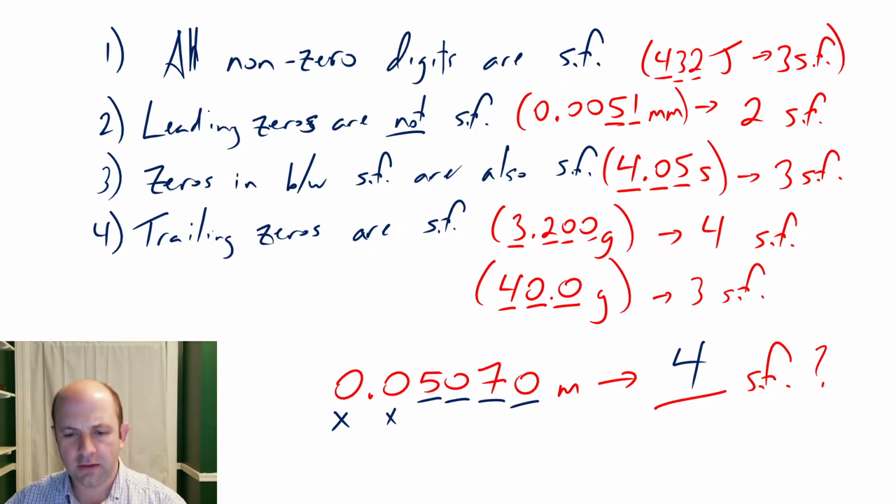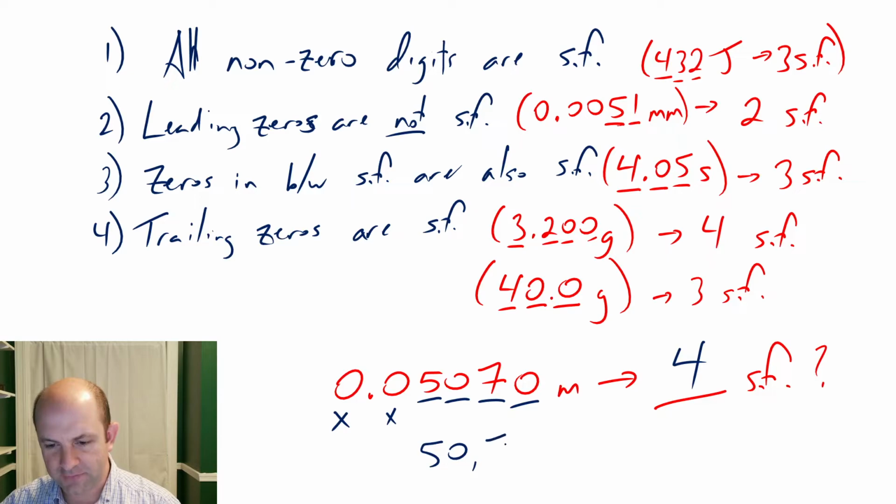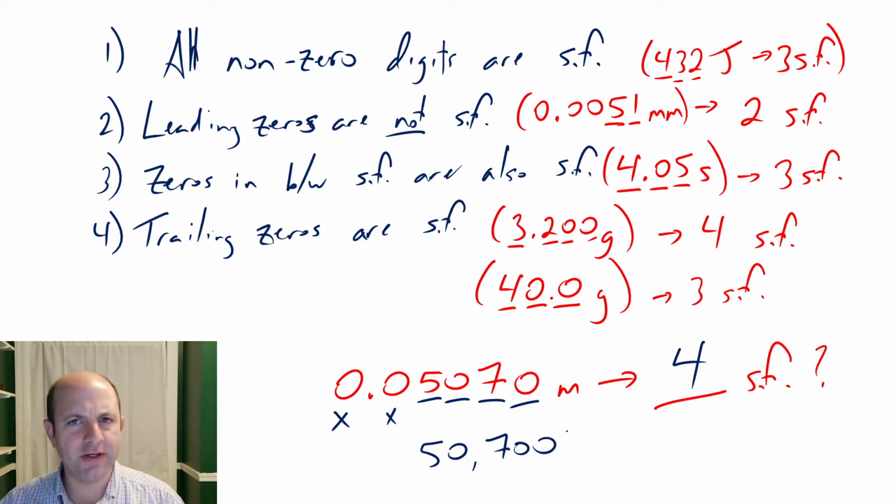All right. Now, the question comes up, well, why don't these count? What's going on there? Or what if I had a big number, like 50,700? How many sig figs would that be? How do we deal with that? Well, it turns out we have a special way of writing numbers in science, which is literally science writing for numbers, scientific notation.